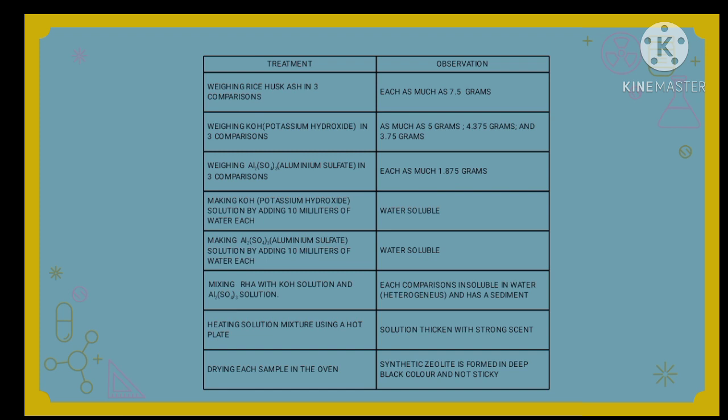Observation: each composition is insoluble in water. Treatment: next, heating the mixed solution on a hot plate. Observation: the solution gives off a strong scent. Treatment: drying the sample in the oven. Observation: synthetic zeolite is formed in black color and is not thick.